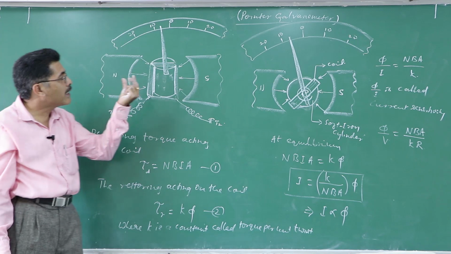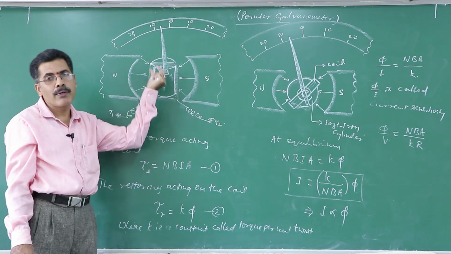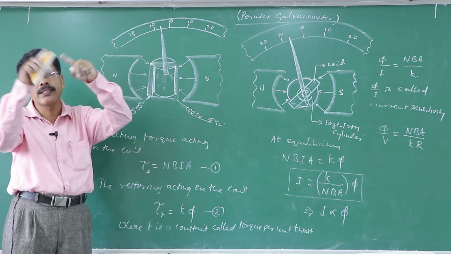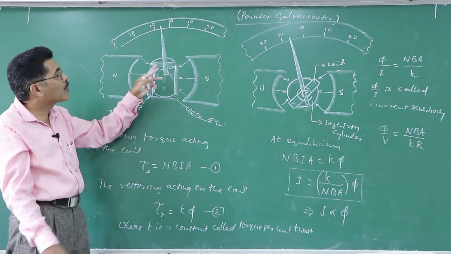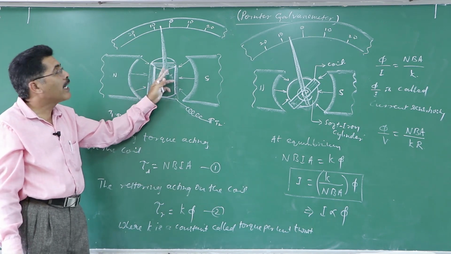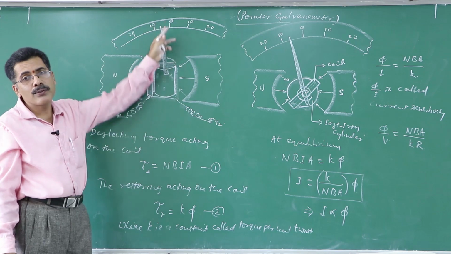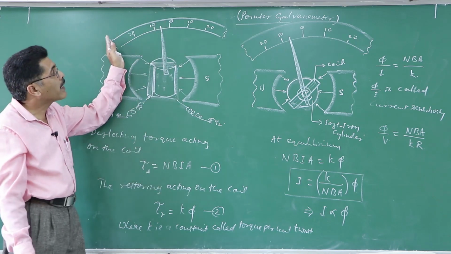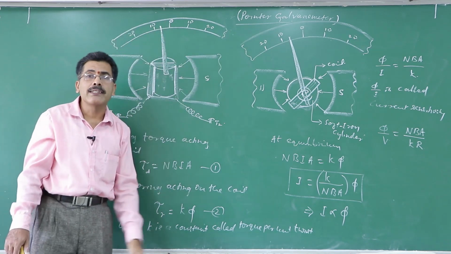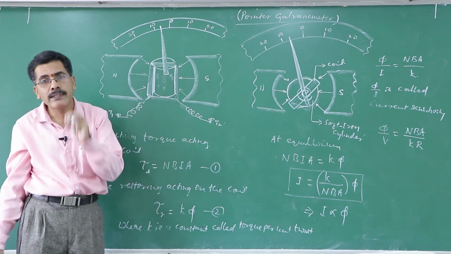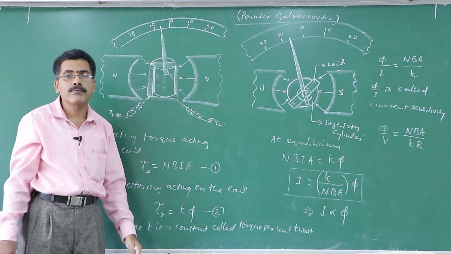A soft iron cylinder is inserted inside the frame without touching the coil, which makes the field strong and radial. A long and light aluminum pointer is attached to the coil, whose free end can move across a semicircular graduated scale with center 0.